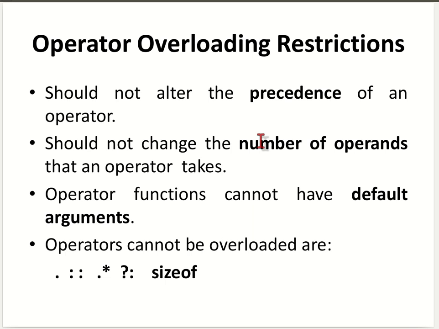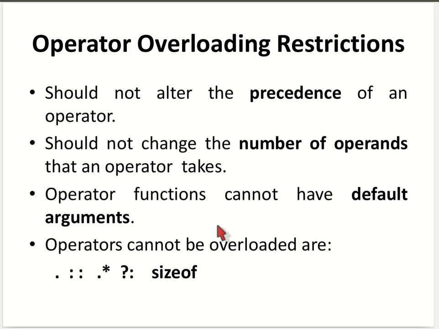The next thing is the number of operands that the operator takes. It cannot change the number of operands that the operator takes. So if it is a binary plus, it must take how many arguments? 2 arguments. If it is a unary plus or unary minus, it must take how many arguments? 1 argument. And an operator function cannot have default arguments, so we cannot give an argument which has any default value.